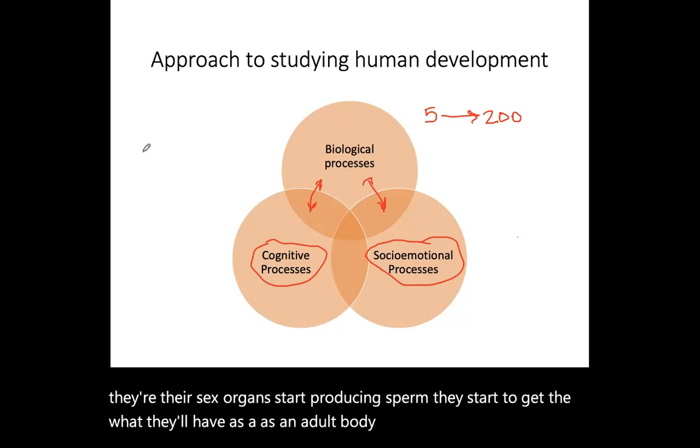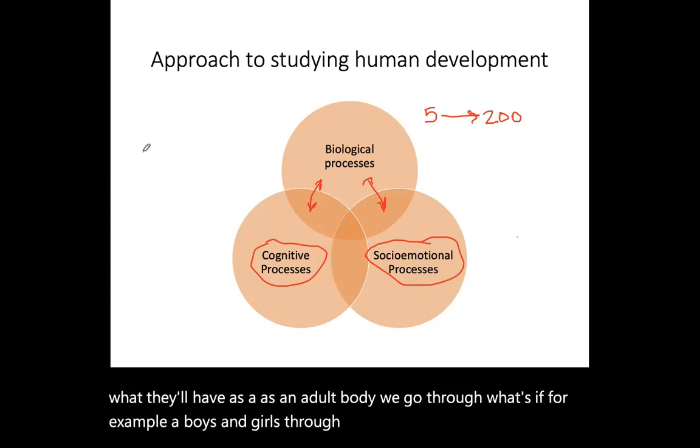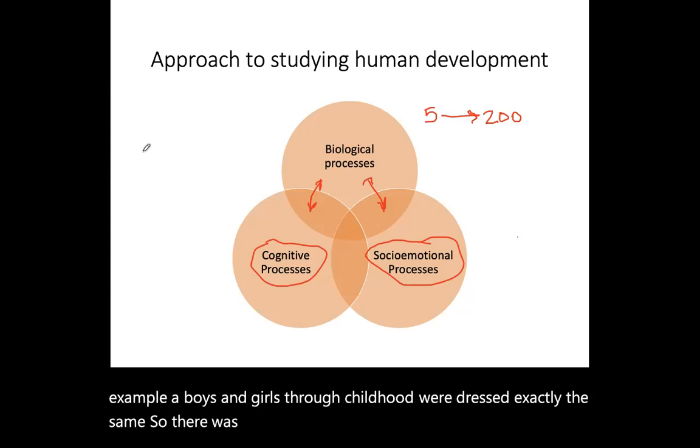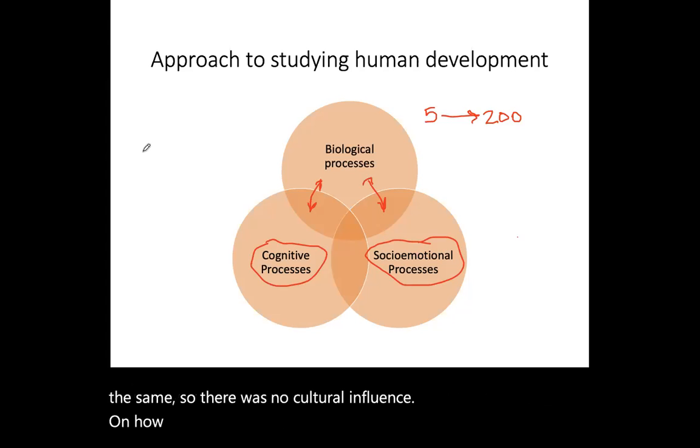We go through what's, for example, if boys and girls through childhood were dressed exactly the same. So there was no cultural influence on how we dressed boys and girls.